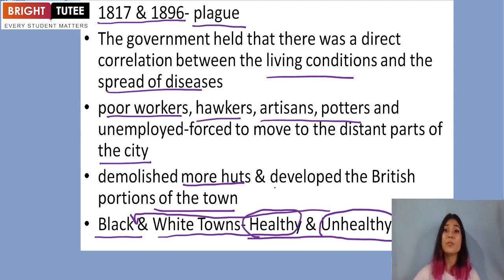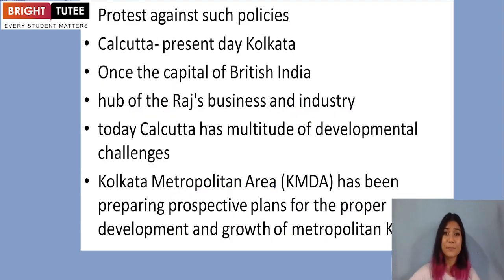Okay, so the areas where the Indians lived were considered unhealthy, and the areas where the European settlement was established were considered healthy. Now, of course, such policies and such ideas were protested by the Indians.